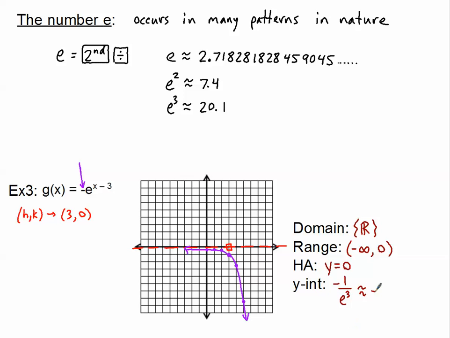And that is approximately negative 0.0497. You can also, of course, find any y-intercept by plugging a 0 in for the value of x, so we get negative e to the negative 3. The negative 3 power, of course, flips it upside down to become 1 over e to the positive 3 power.